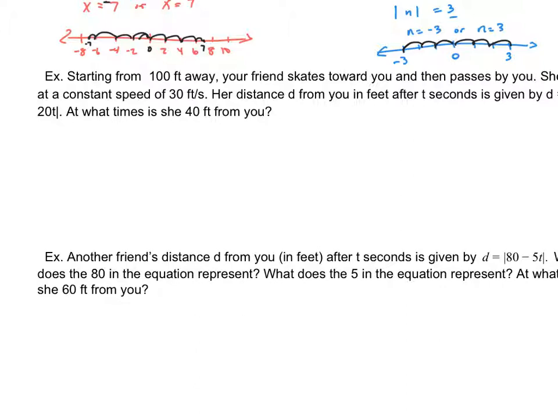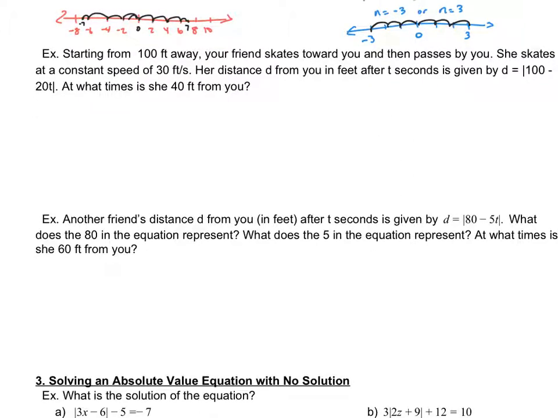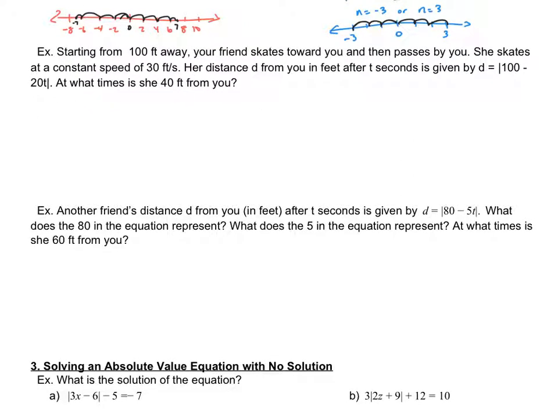So looking here at this example, we are starting 100 feet away. Your friend skates towards you and then passes by you. He skates at a constant speed of 30 feet per second.